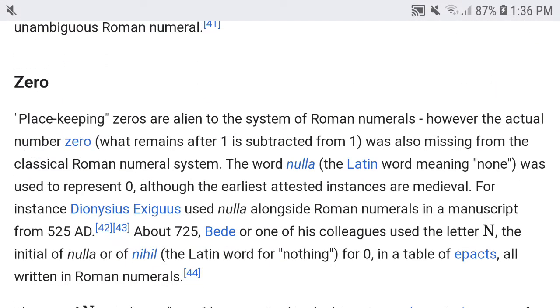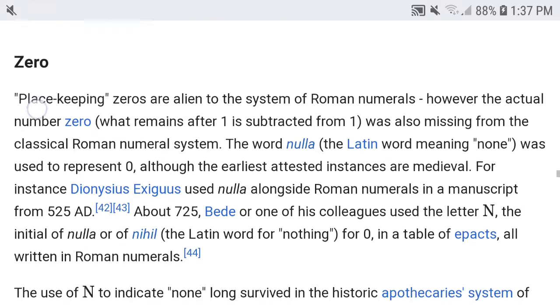What about zero? Place-keeping zeros are alien to the system of Roman numerals. However, the actual number zero was used to represent zero: the word nulla, the Latin word meaning none. So it will be N, right?